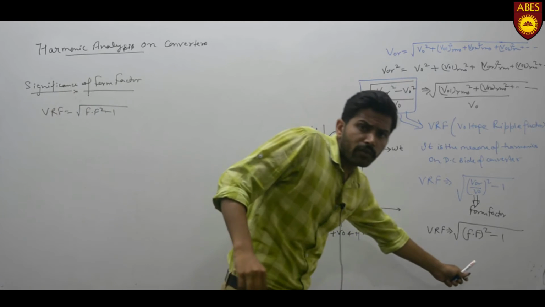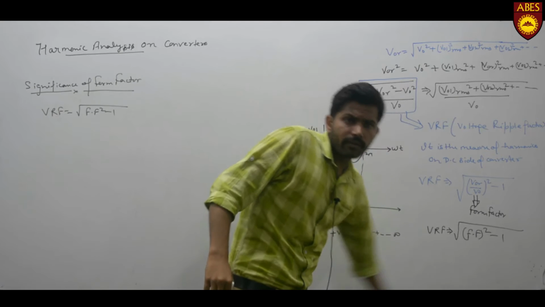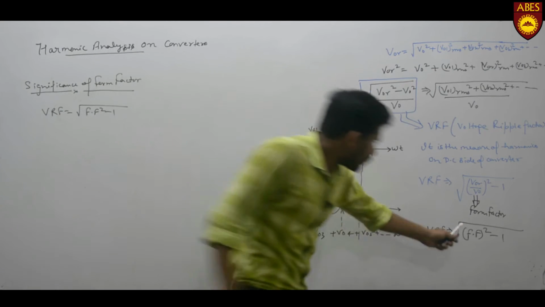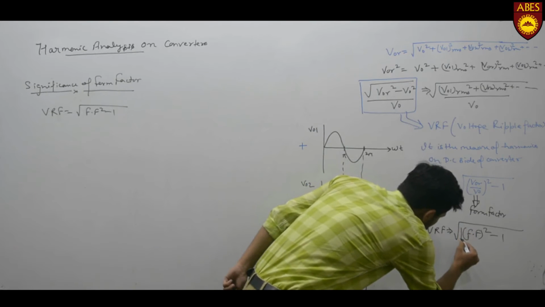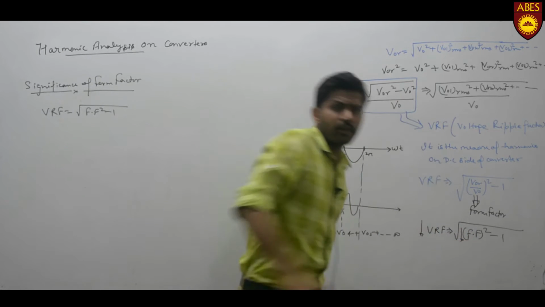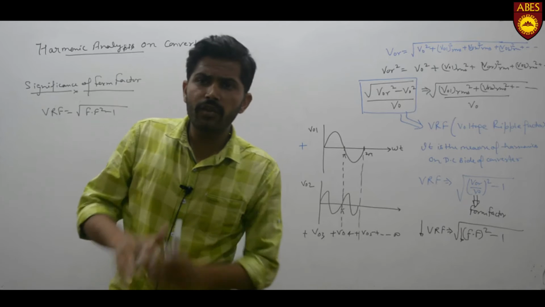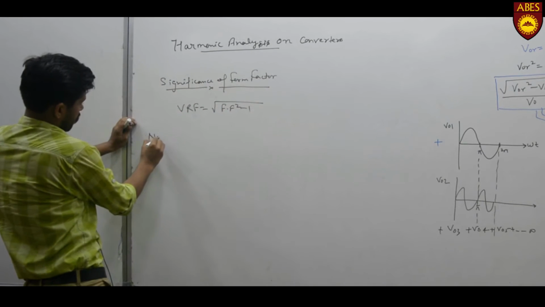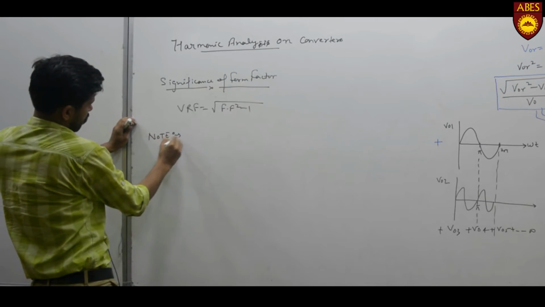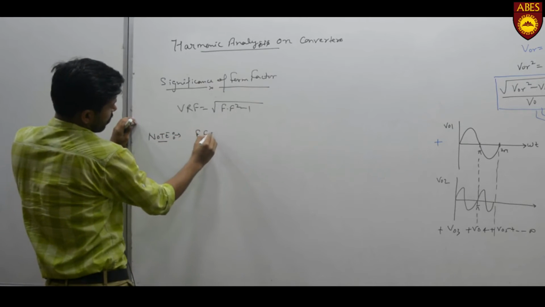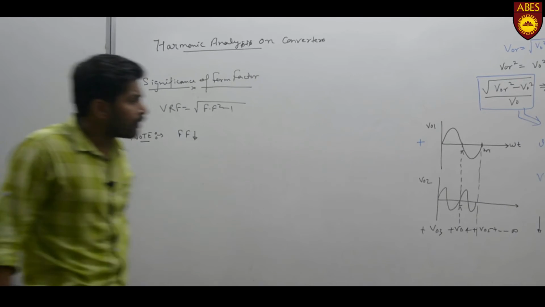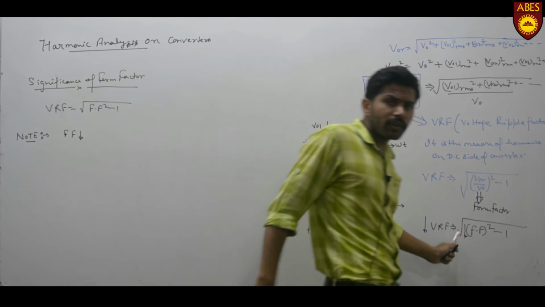The value of the form factor for a sinusoidal waveform is 1.11. As the form factor reduces, the voltage ripple factor reduces, which means harmonics are reduced on the DC side. If the form factor approaches unity, and if it is unity, then VRF is equal to 0.